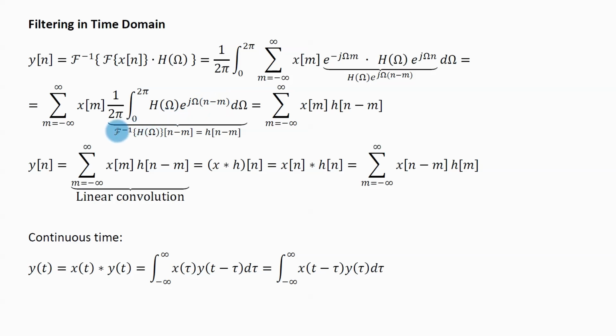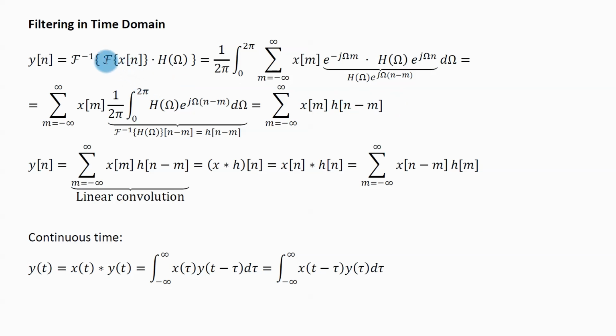So it is the inverse Fourier transform of my frequency response at time n minus m. And I will denote this as lowercase h at time n minus m. And when I denote it like this, I can write the final expression so that it is the sum from minus infinity to plus infinity of my signal x times this function lowercase h at time n minus m.